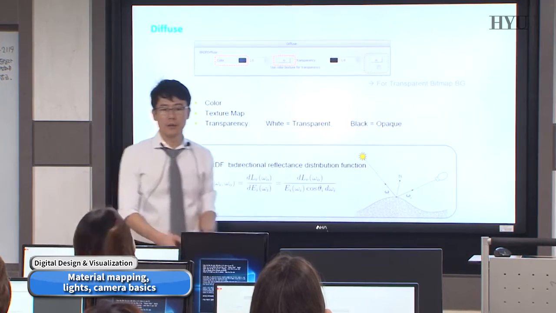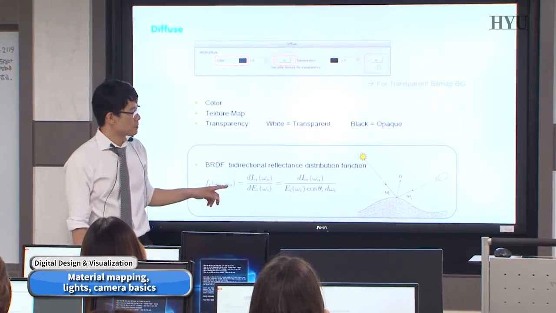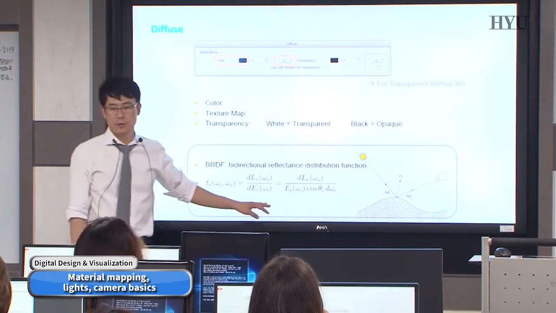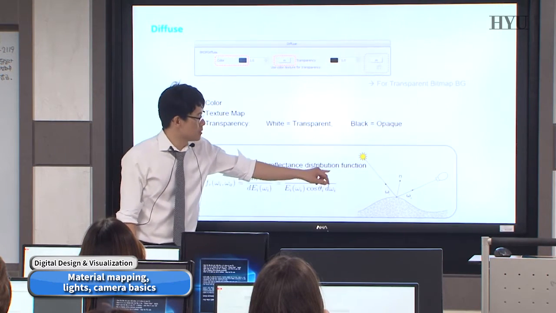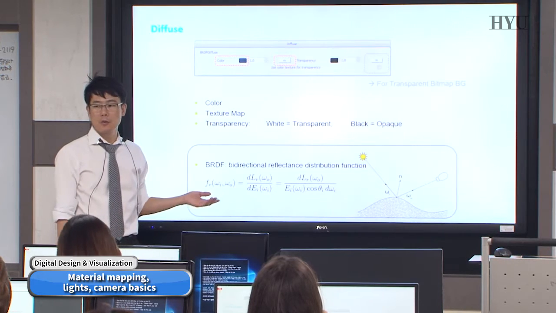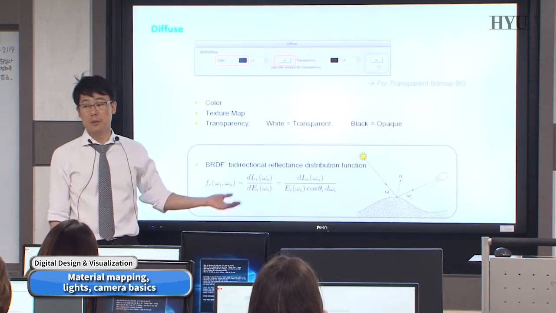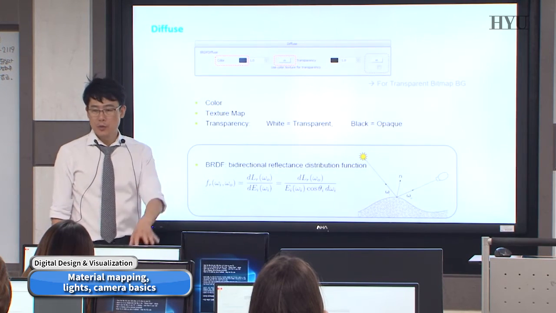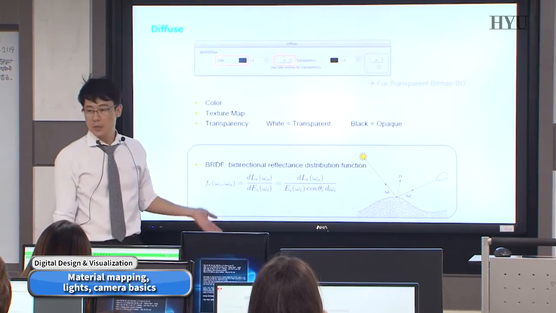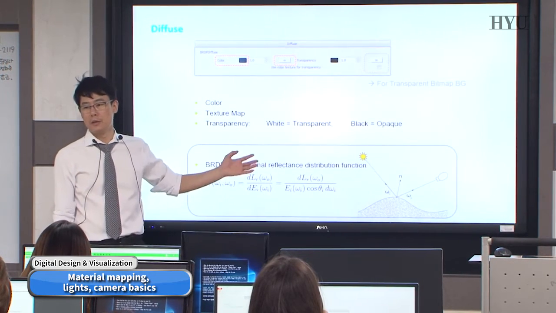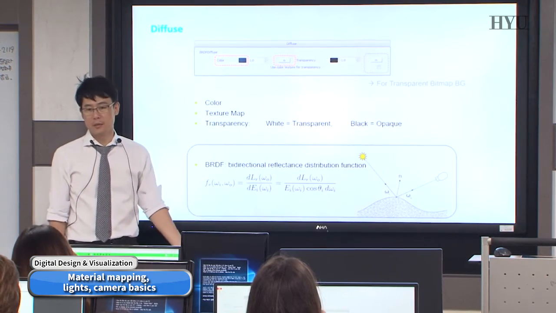That is why you can get easy and fast to get this kind of image, okay? You don't need to know this equation. My point here is BRDF, bidirectional reflectance distribution function. This kind of things always predefined by some genius scientists or developers long ago. What you need to do is just take maximum advantage from that. Simply say, just use Mental Ray, V-Ray, that's it. They all know this equation behind, okay?